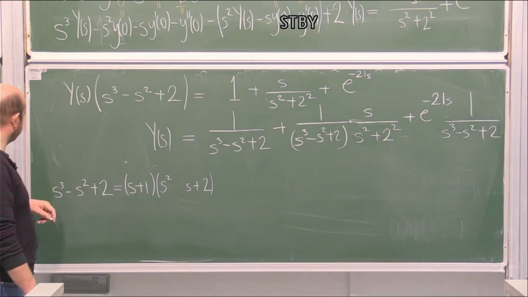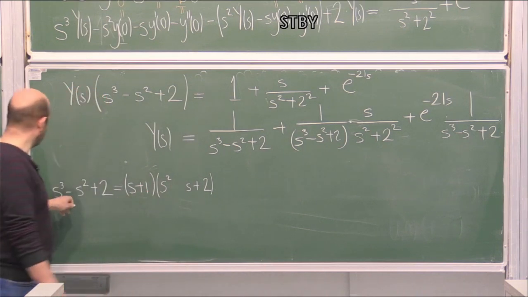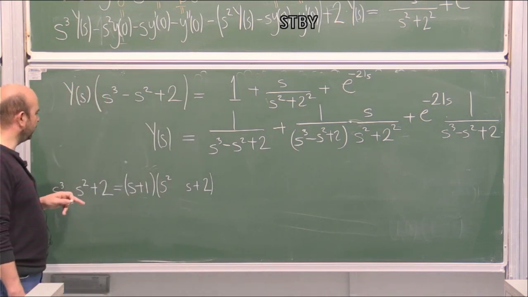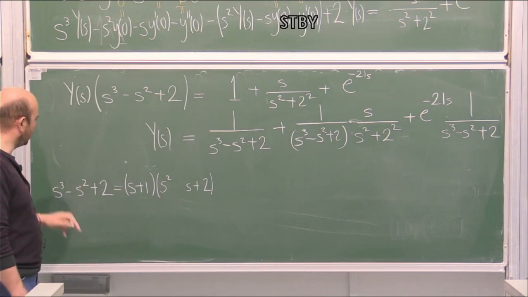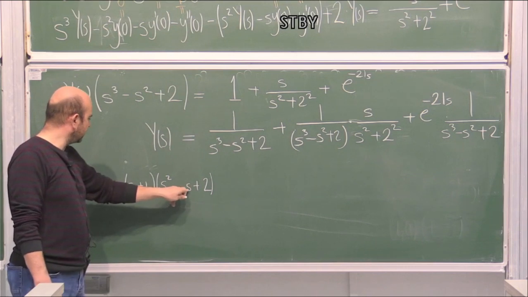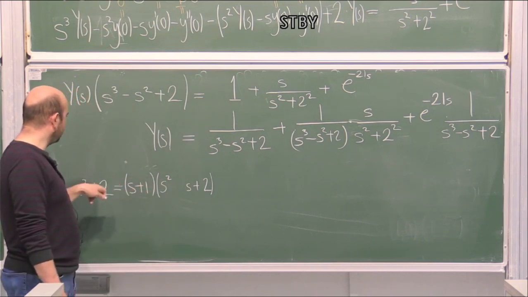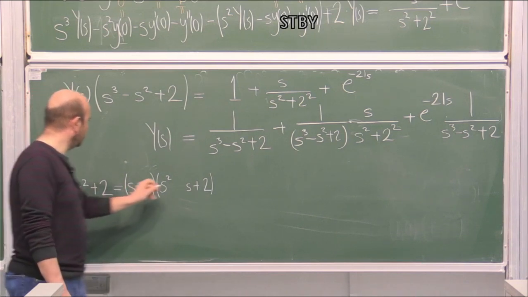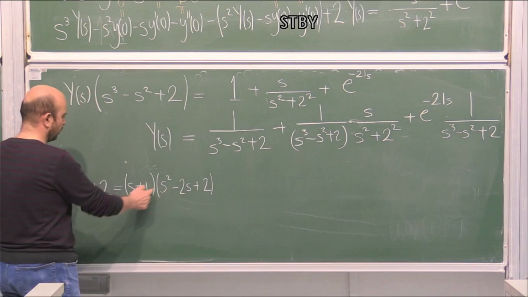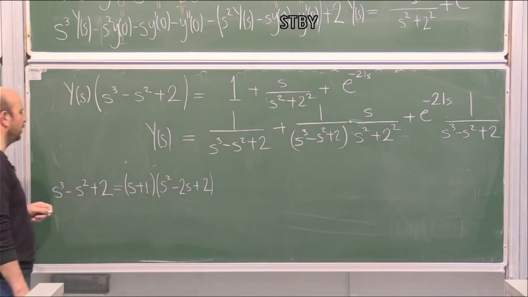Now let's look at the coefficient here. We must have minus s squared here, so let's try to arrange it. How do I get minus s squared? s squared times 1, and this s times s will give us s squared terms. If I want to get minus s squared, then this must be minus 2s, because s squared times 1 minus 2s times s, if you add them up, this is what you get.